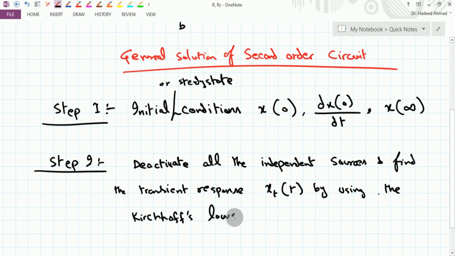There are two laws here. We will be using both the KCL as well as the KVL.